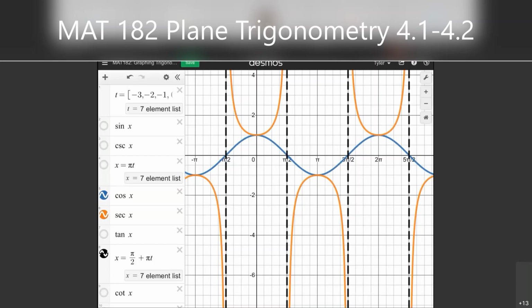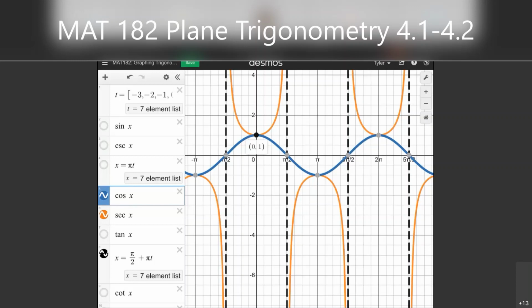It looks like the secant graph is not connected to each other. Is there... So the secant graph does connect to the cosine graph at 0 and pi and 2 pi and 3 pi. The secant graph is represented by the yellow curve, right?